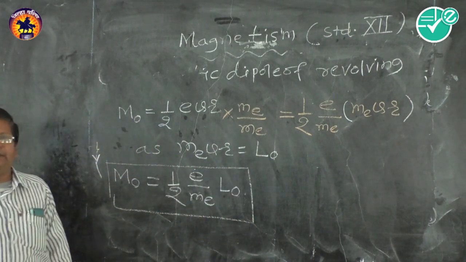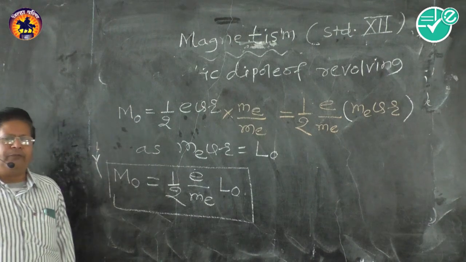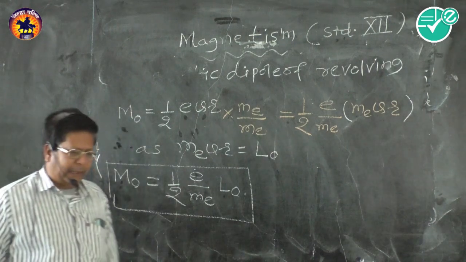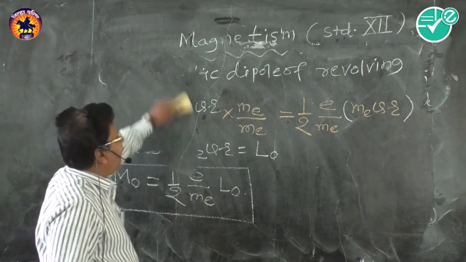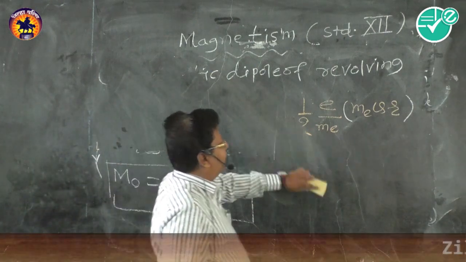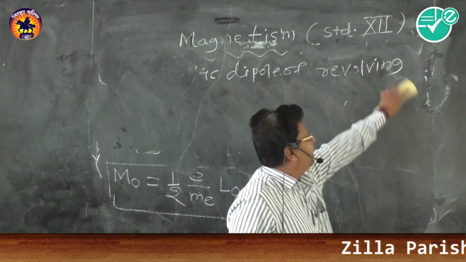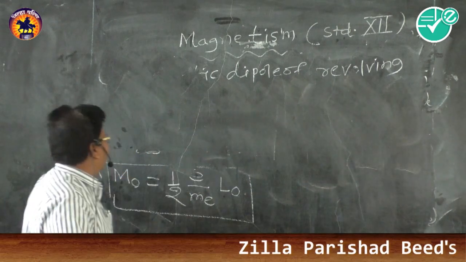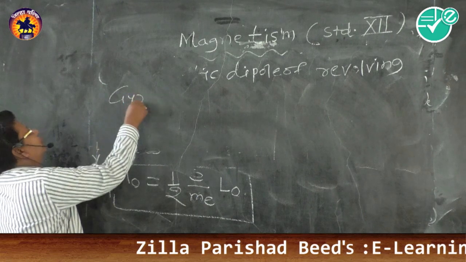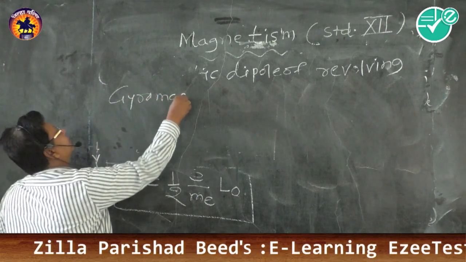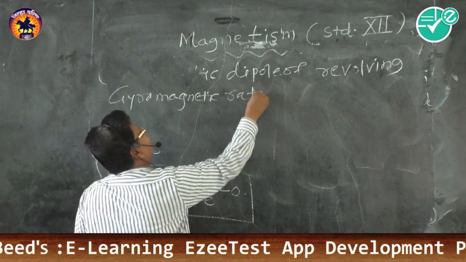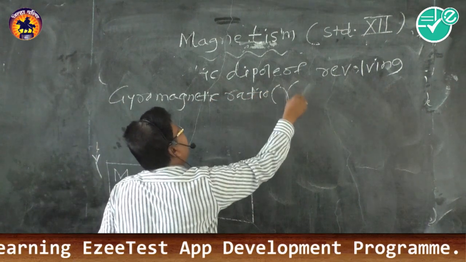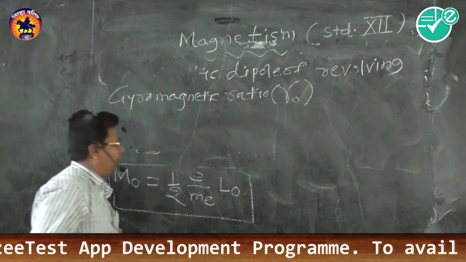And from this equation, we can define a new term in magnetism, and that term is called the gyromagnetic ratio, which is denoted by gamma_O.